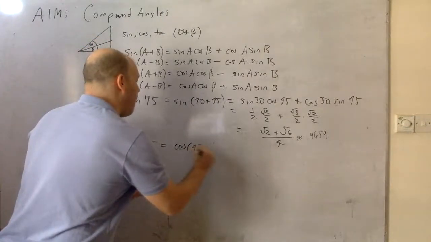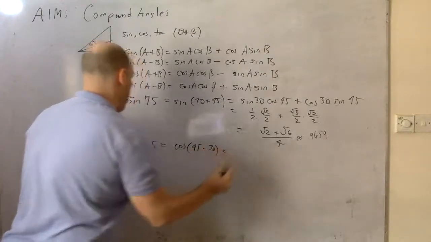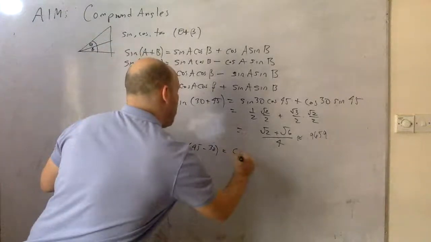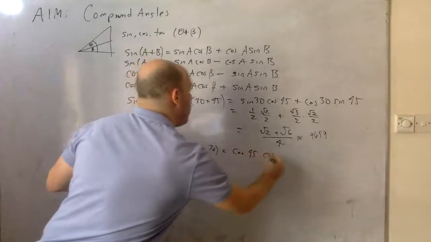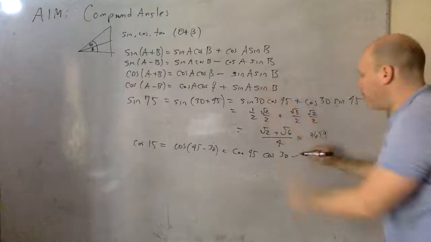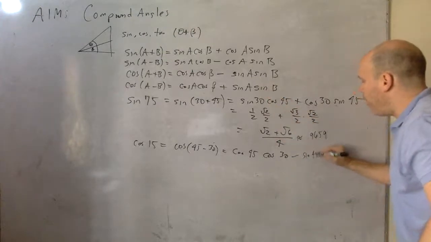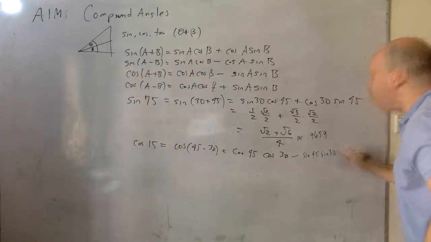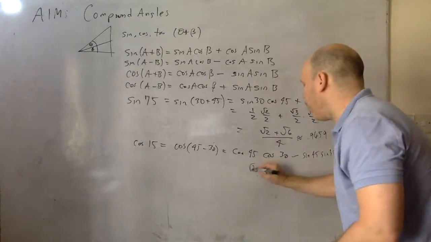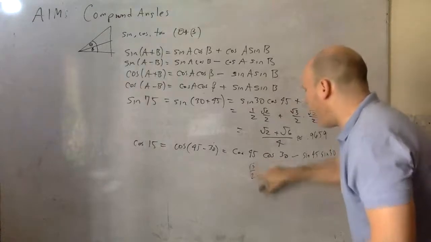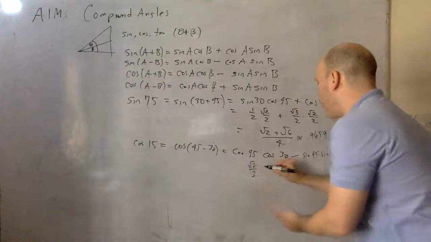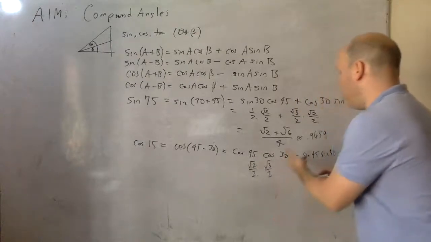So it's 45 minus 30. So we're going to use the difference formula. Let's see, so it's this one. So it's the cosine of 45, the cosine of 30 plus the sine of 45, the sine of 30. Once again, you do not have to memorize these. Let's see, what do we have here? We have radical 2 over 2, we have radical 3 over 2.